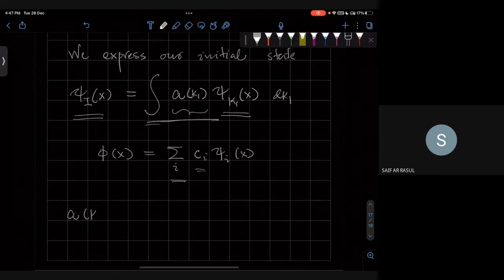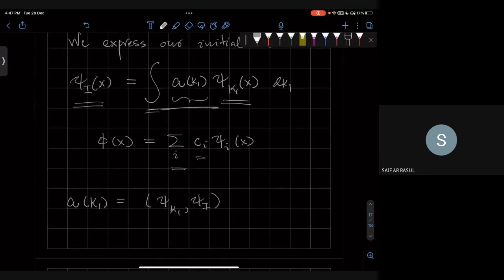So what are these A's? A of K1 is, according to quantum mechanics, just the inner product between the eigenstate and the initial state, using the orthogonality of the momentum eigenstates.